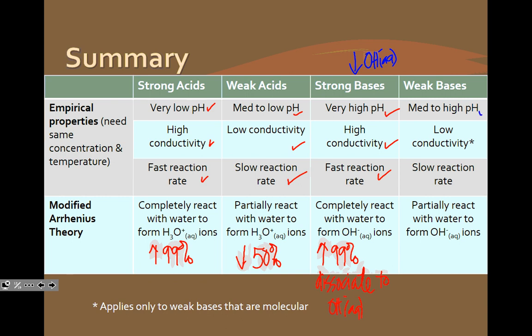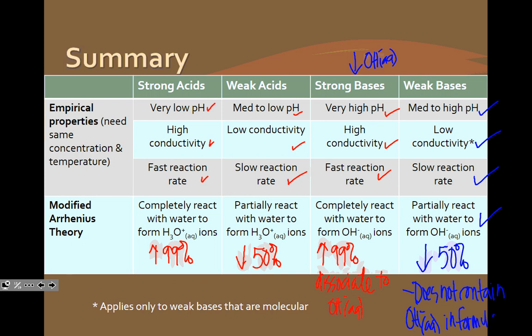For a weak base, medium to high pH, low conductivity, slow reaction rate, and partially react with water to form hydroxide ions, less than 50%. So it does not contain the OH, the hydroxide ion, in the formula.